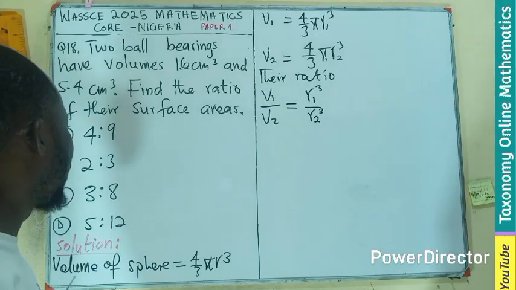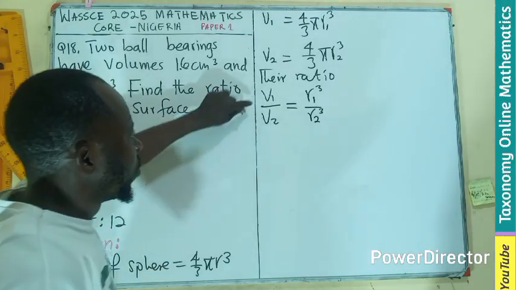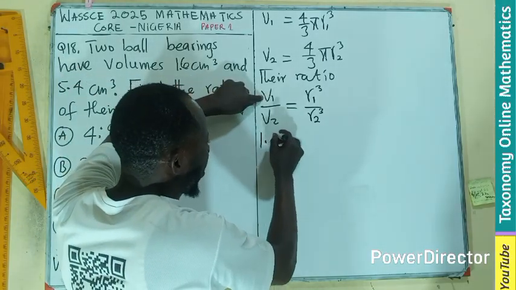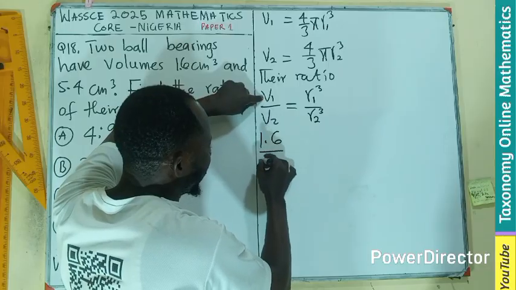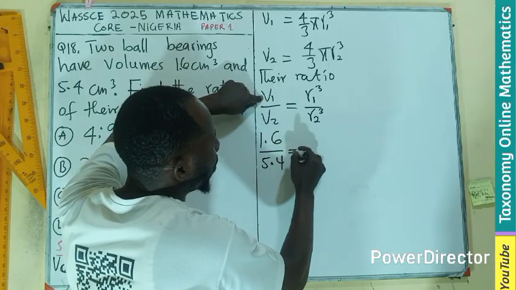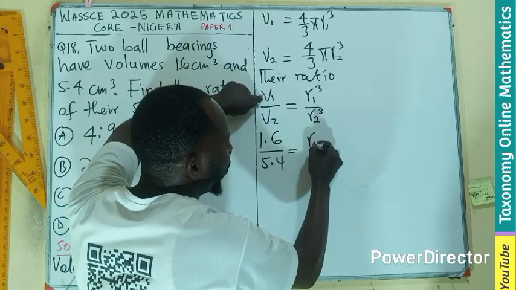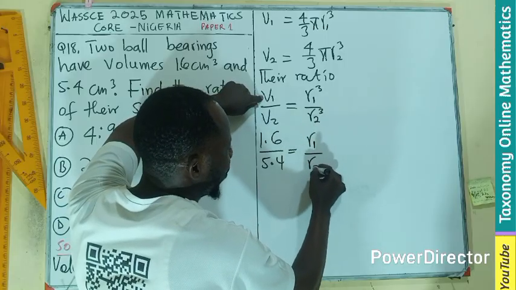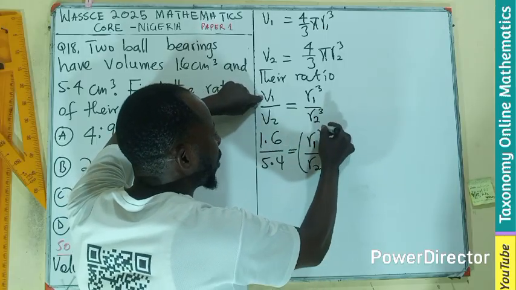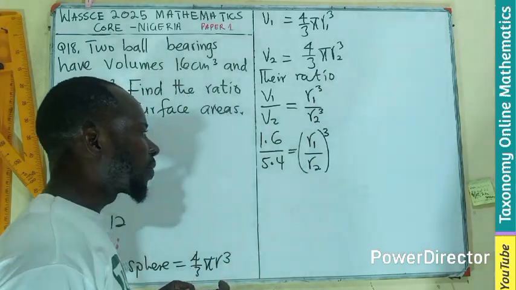Would that be possible? Yes. So this is going to be 1.6 divided by 5.4 equals radius 1 divided by radius 2, all raised to the power 3.